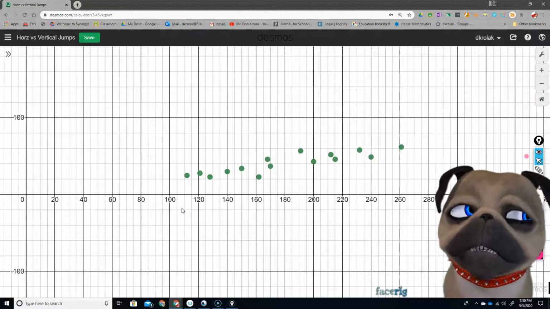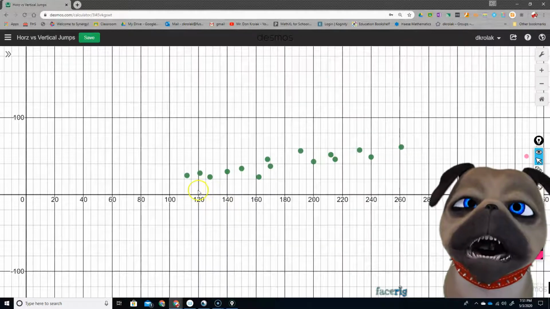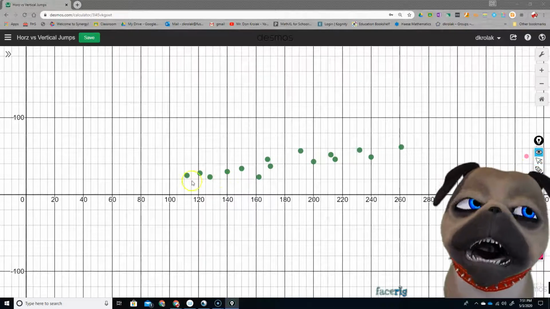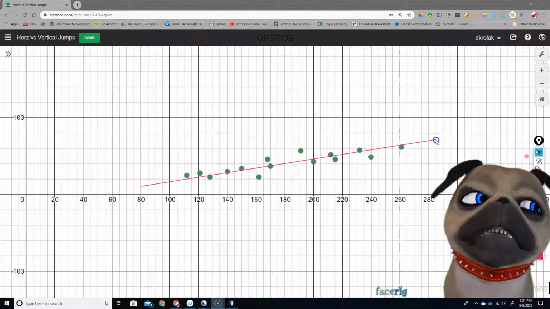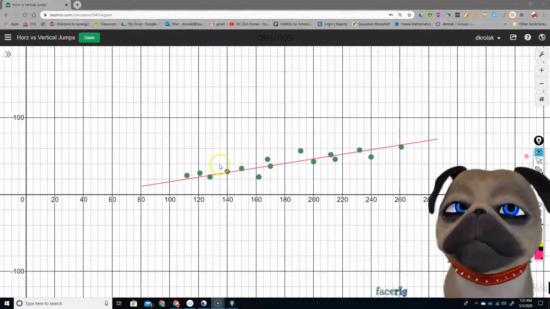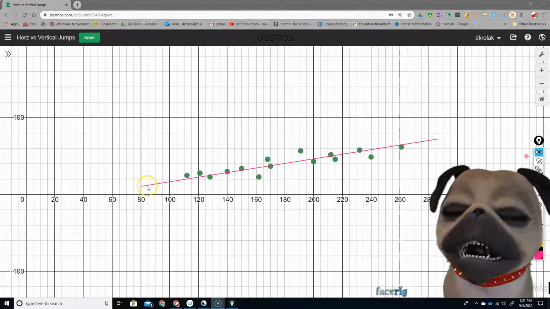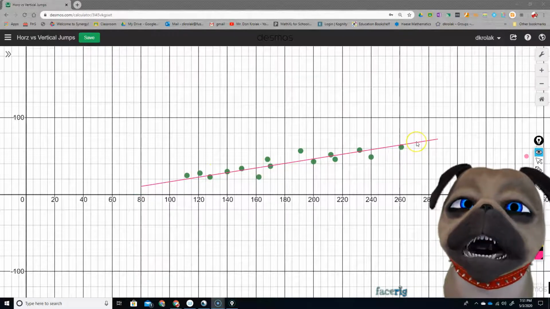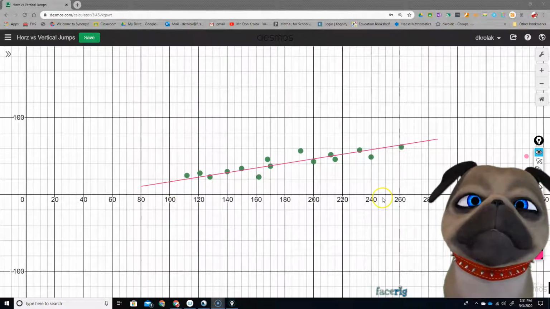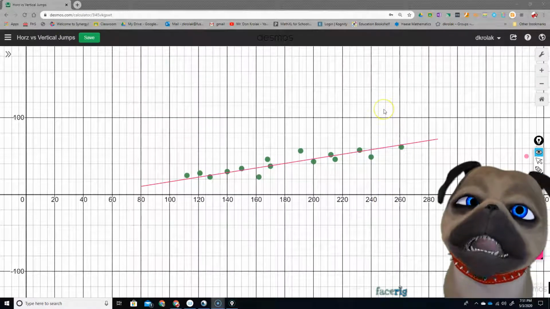And now we want to see if there's a correlation. You have different types of correlations. Does it look like you could draw a line through this and somewhat fit the data the best that you could? It appears that there's a moderate positive correlation. The reason I say positive is that this line I drew has a positive slope. That means the farther you can jump horizontally, as that distance increases, your vertical increases.